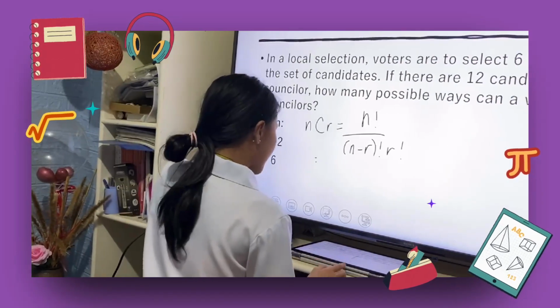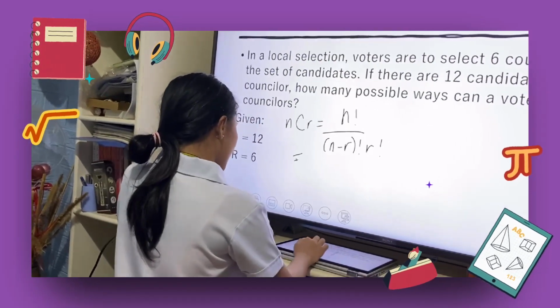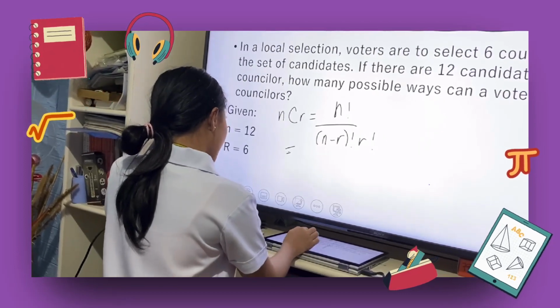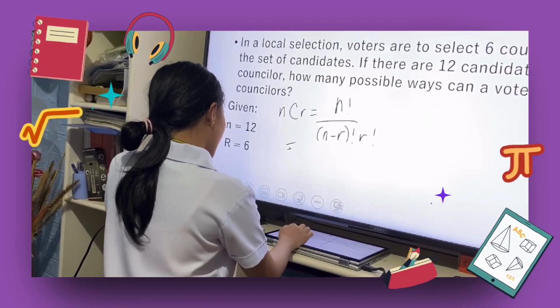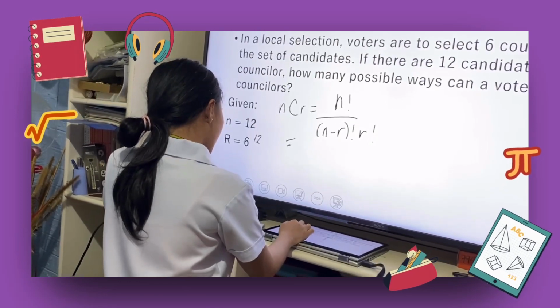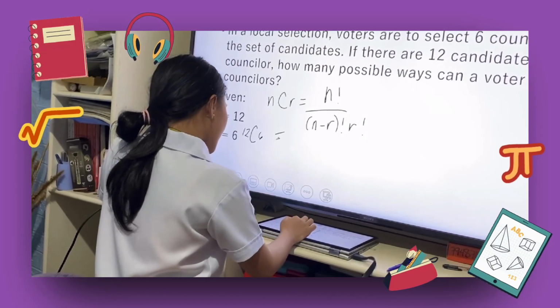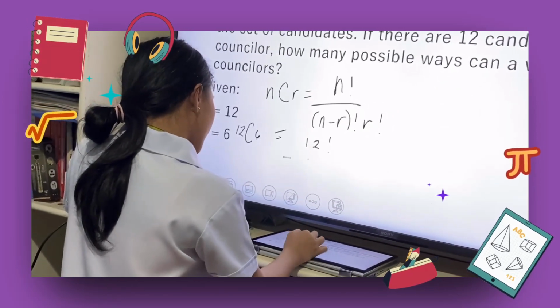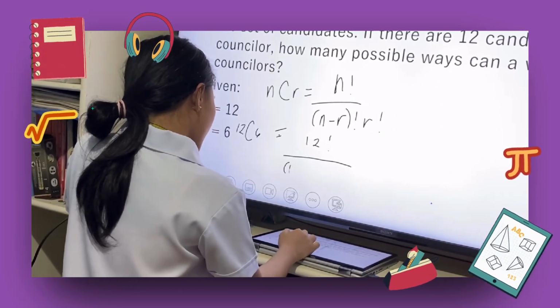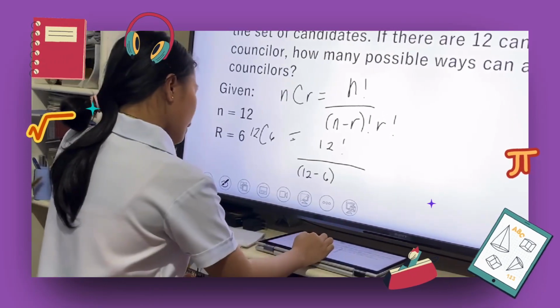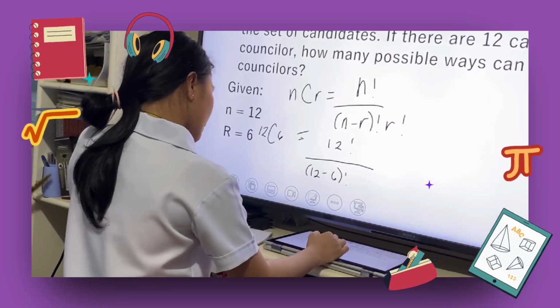So the same process is you need to change the letters to the numbers. So n is now turned to 12, then r is now 6. So the same thing, 12, and then 12 minus 6. So for this one as well is also 6.